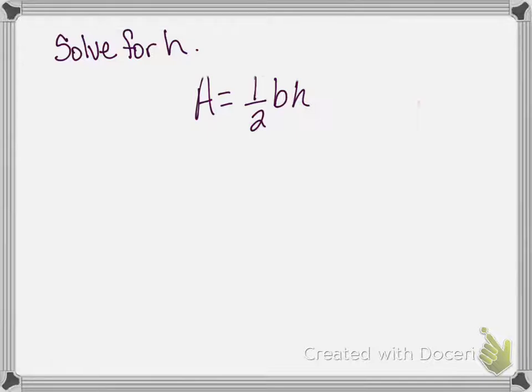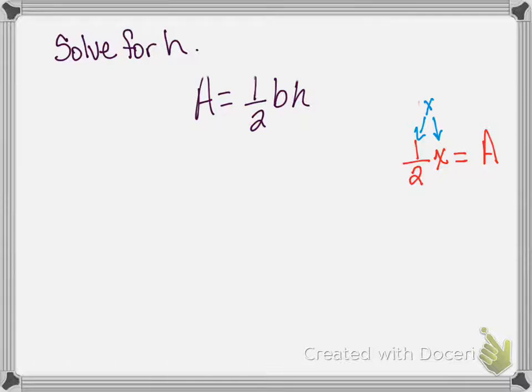Now, I want us to think about our properties of fractions. If I have 1/2 x equals a, the operation between the 1/2 and the x is multiplication. What's the inverse of multiplication?